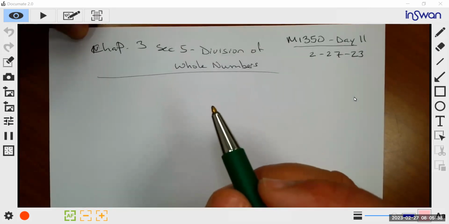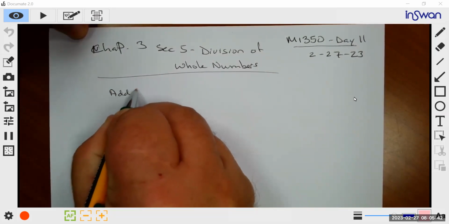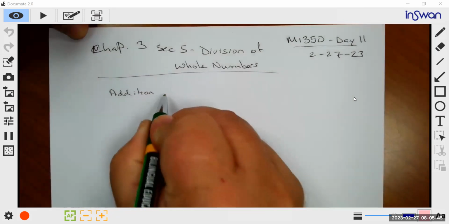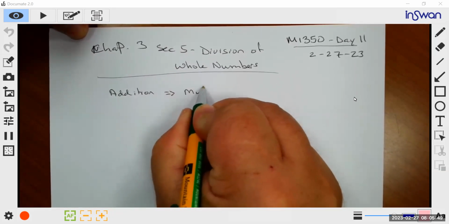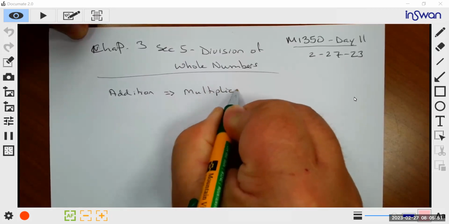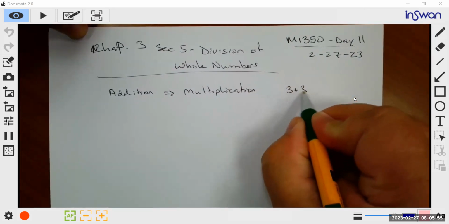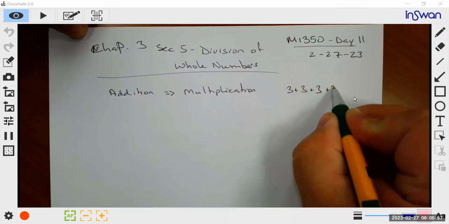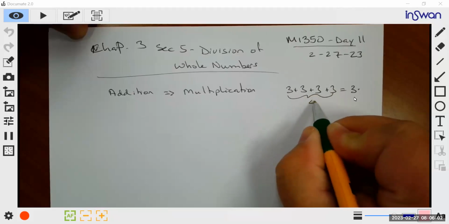For example, we know that addition leads to multiplication. That's what we did last section. 3 plus 3 plus 3 plus 3 is the same thing as 3 times 4 equals 12, since it happened 4 times.